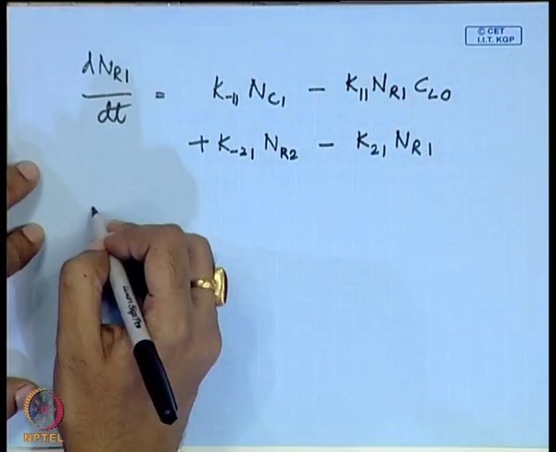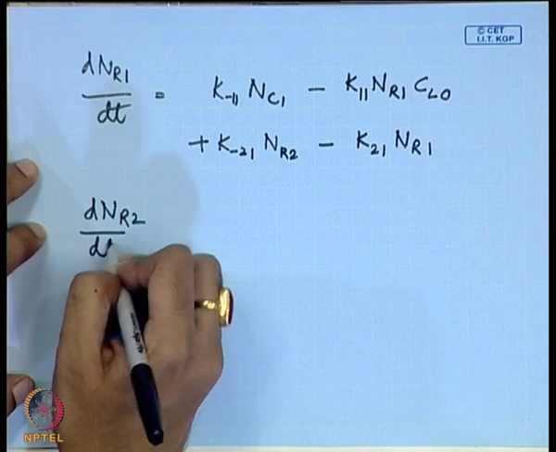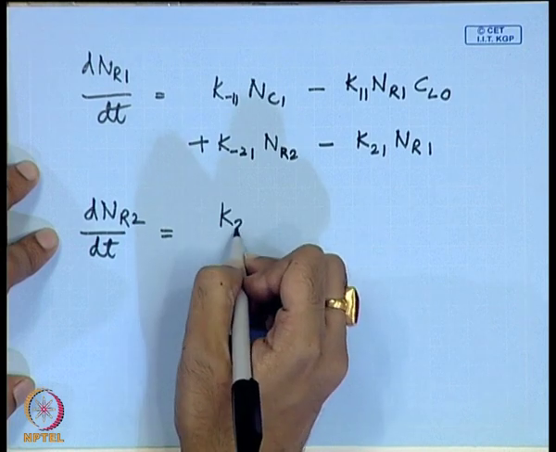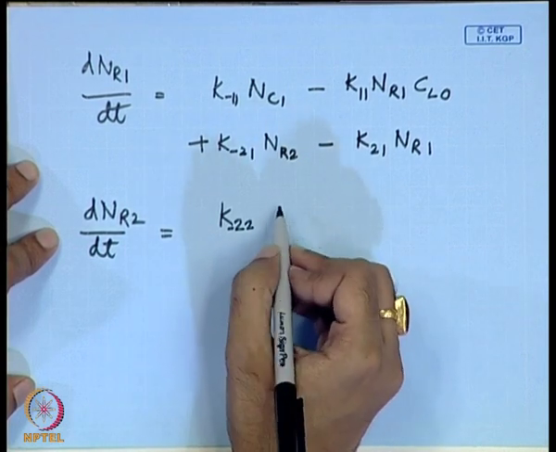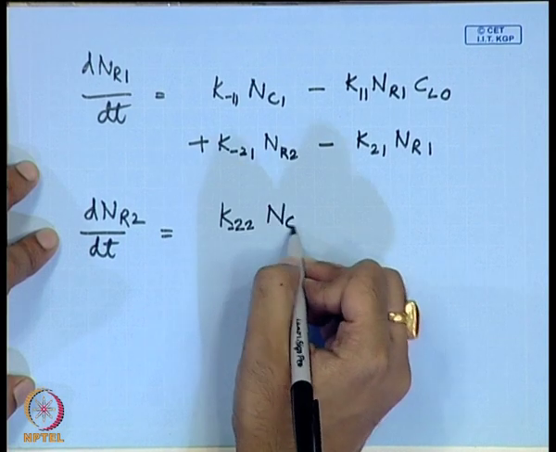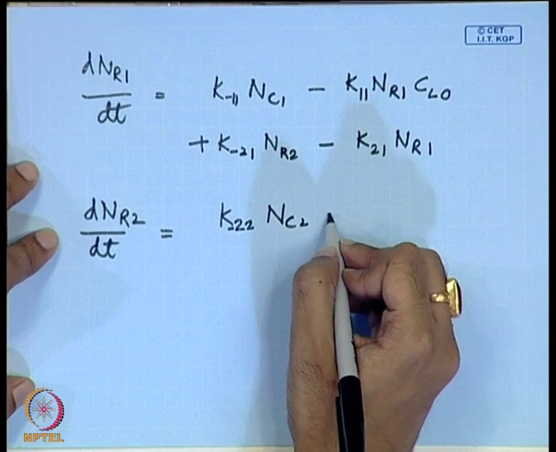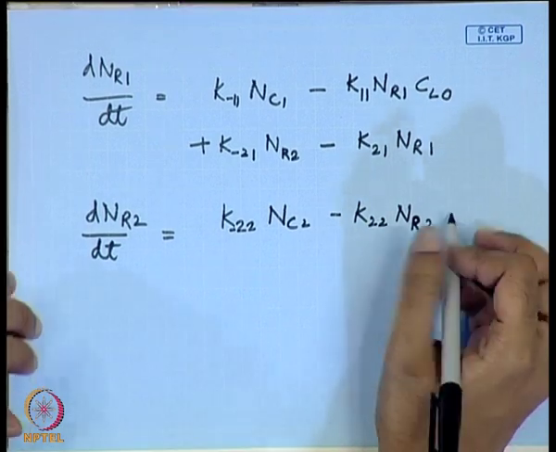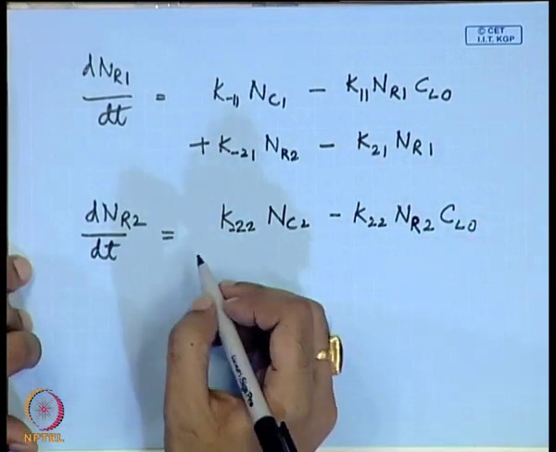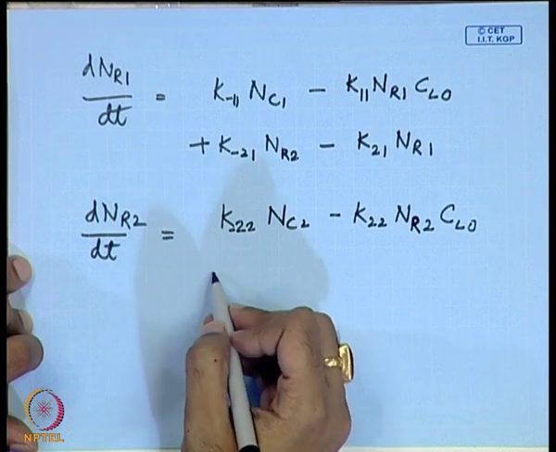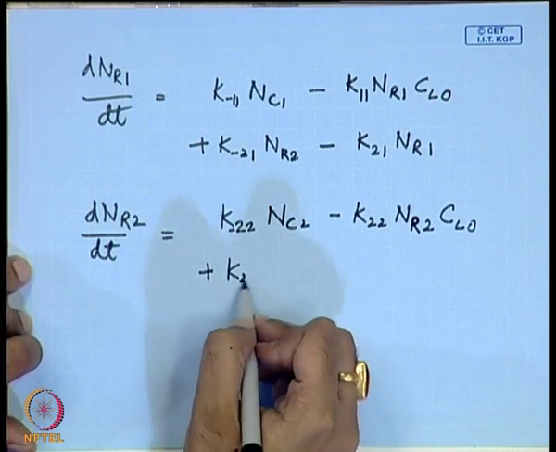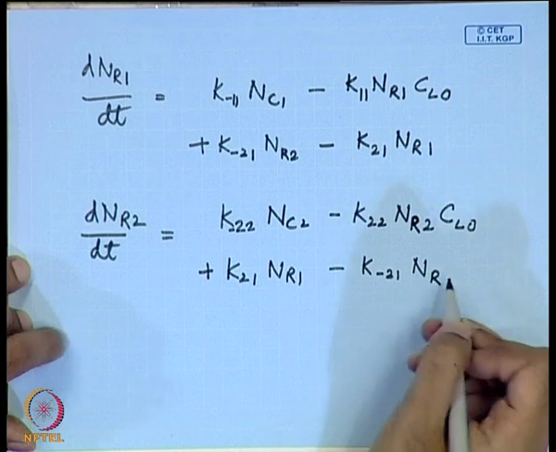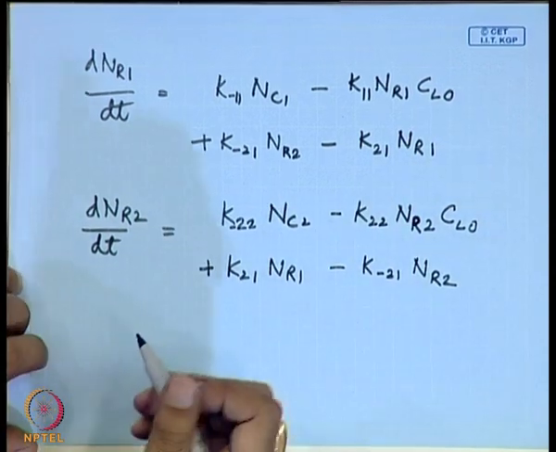Similarly, dNR2/dt is being formed from K minus 22 times NC2 and depleted from K22 NR2 times Cl0, and there is the other interconverting reaction, which is being formed from K21 NR1 and depleted from K minus 21 NR2. Okay. And what about C1 and C2?